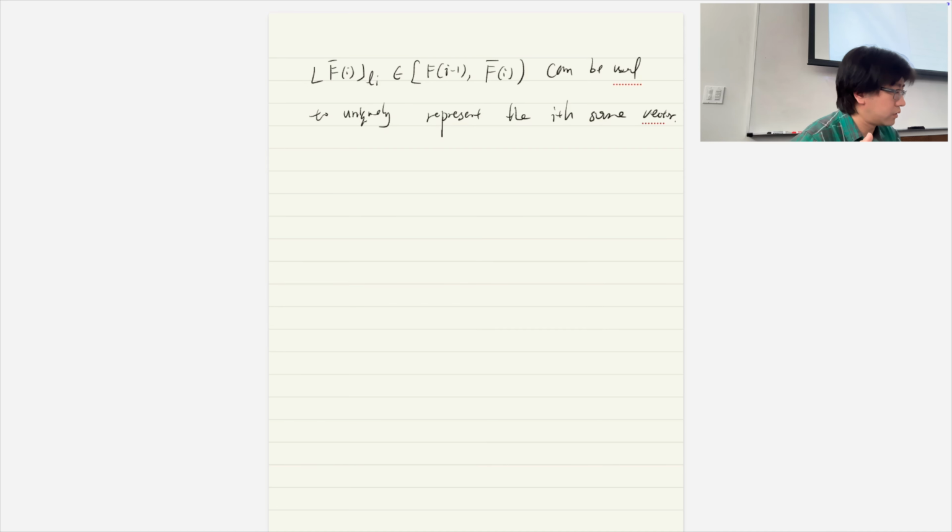Okay, so the only thing we now need to show is that this code word is a prefix code, okay? Theorem.